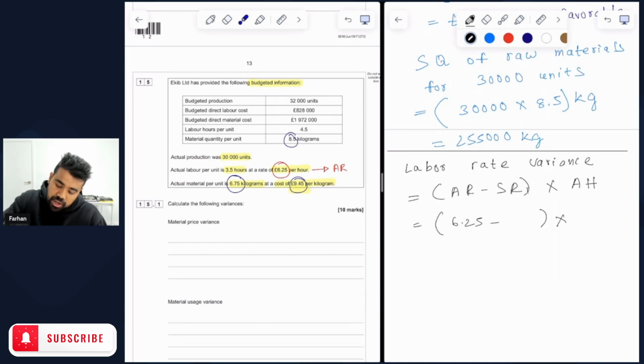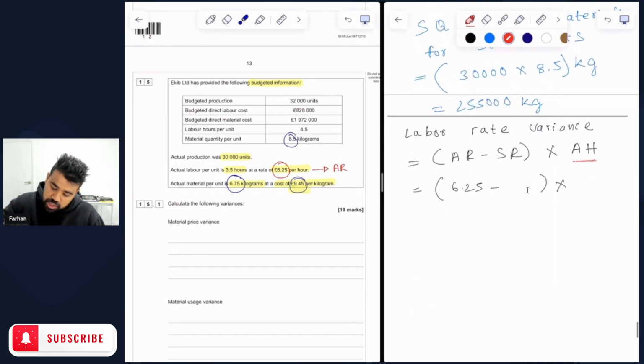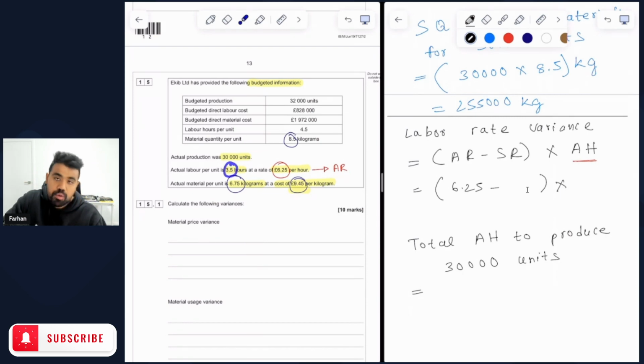What about the actual hours? Now, if you want to find the actual hours, this actual hours refers to the total actual hours required by the labor to produce 30,000 units. We understand that to produce one unit, we need 3.5 labor hours.